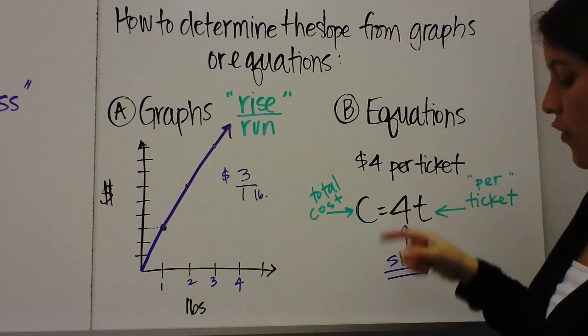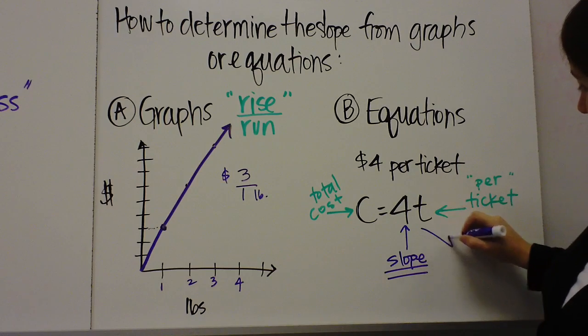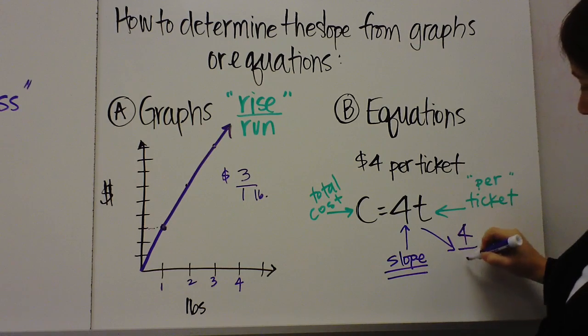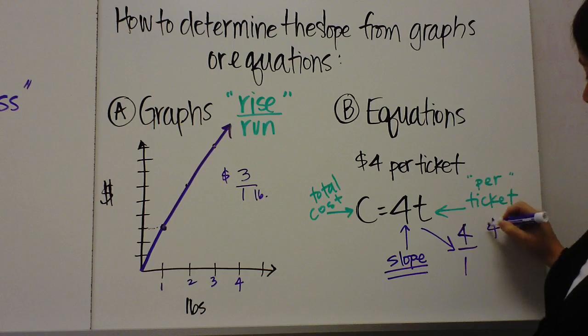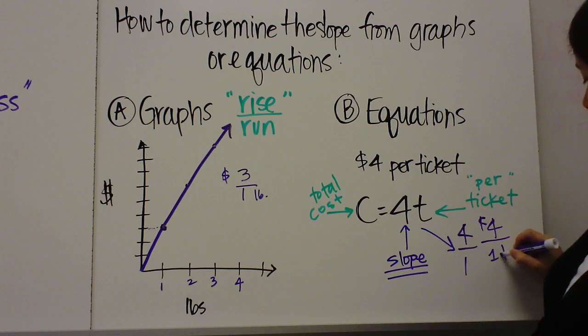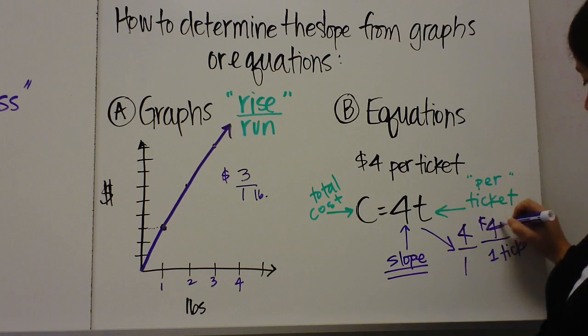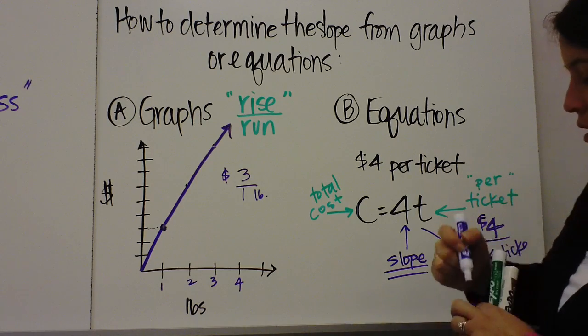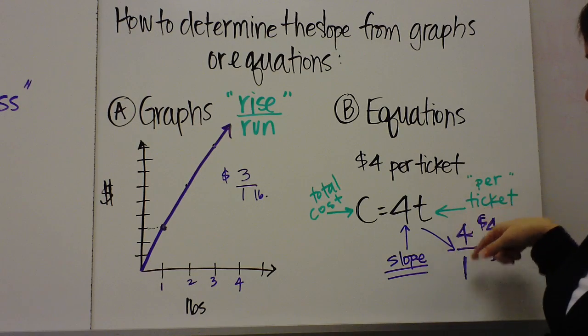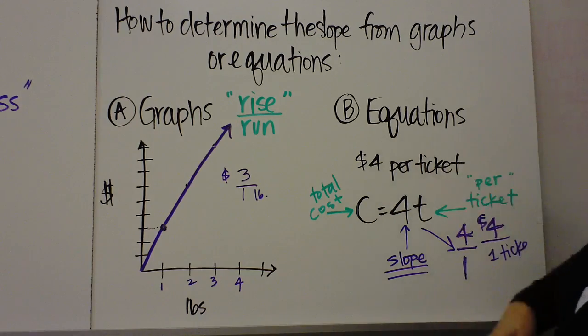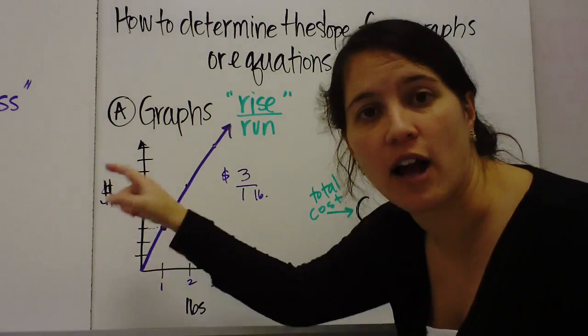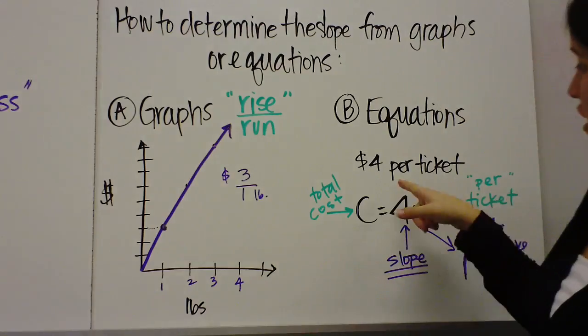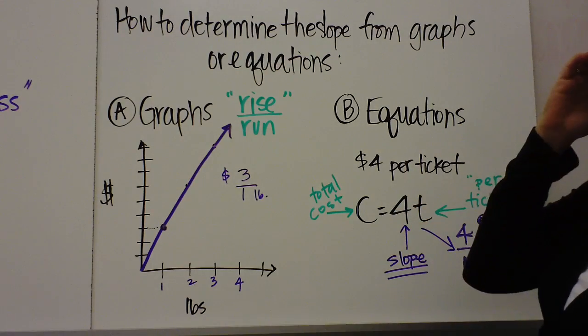So the slope is 4 over 1, that's $4 for 1 ticket, because you want rise over run. So for a graph, you count rise over run, and for an equation, you look at that number right there. That's the slope.